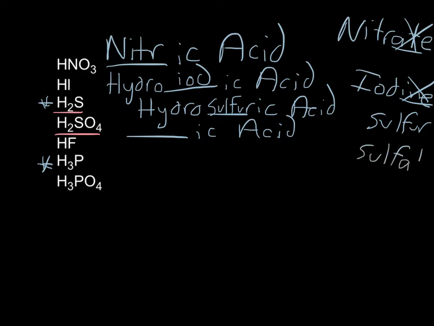SO4 is sulfate. So I have to drop the -ate, and plug it into my formula. Just like the one above it, though, they like to use just the term sulfur. So sulfuric acid, not sulfic acid, but sulfuric acid. The only ones that share this sort of pattern are H2S and H2SO4, and the two here at the bottom as well.